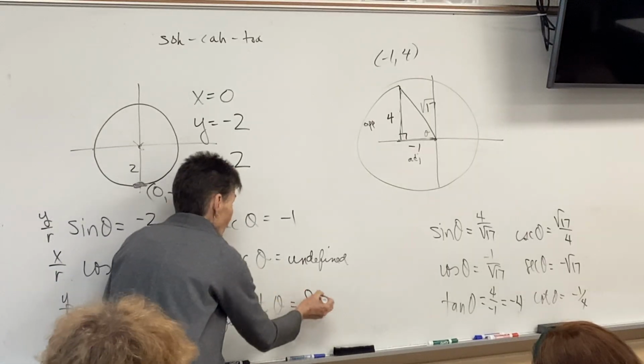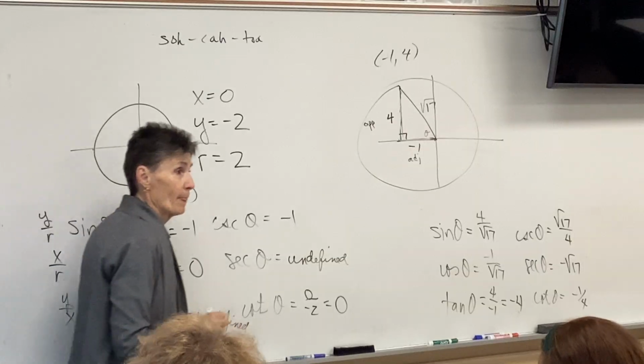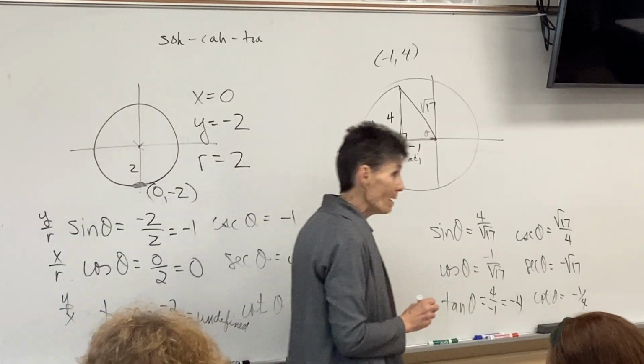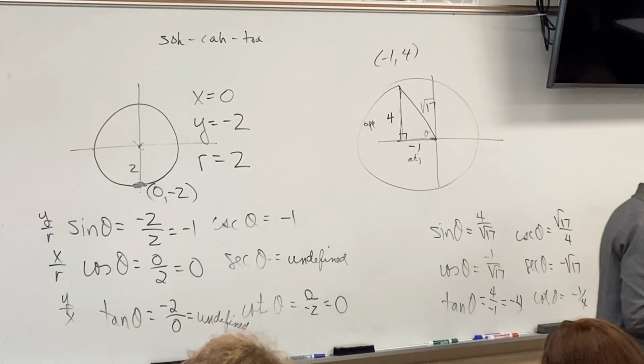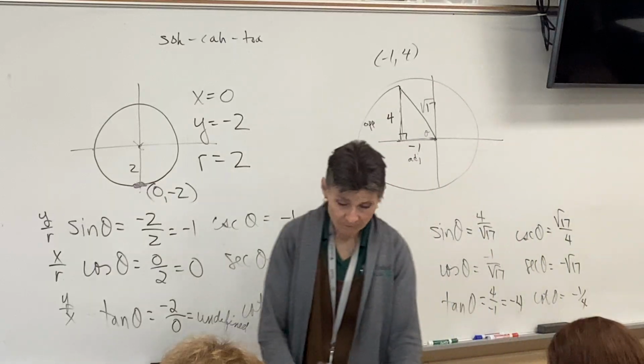I get 0/-2, which is 0. Remember, if the zero's on top, it's 0. But if the zero's on the bottom, it's no candy. Wow, we are packing in the info today.